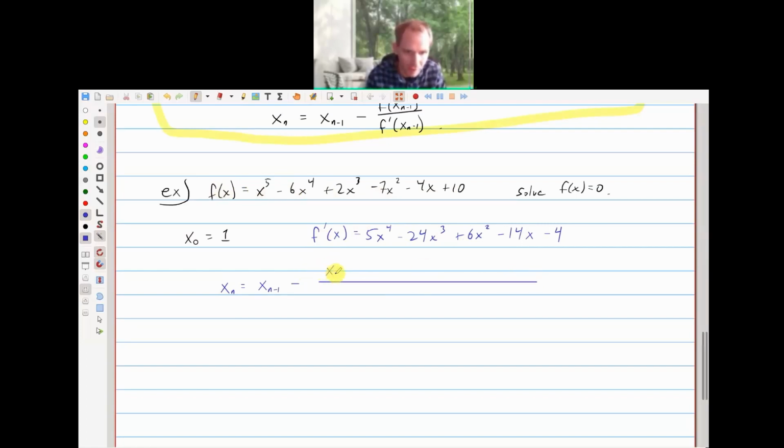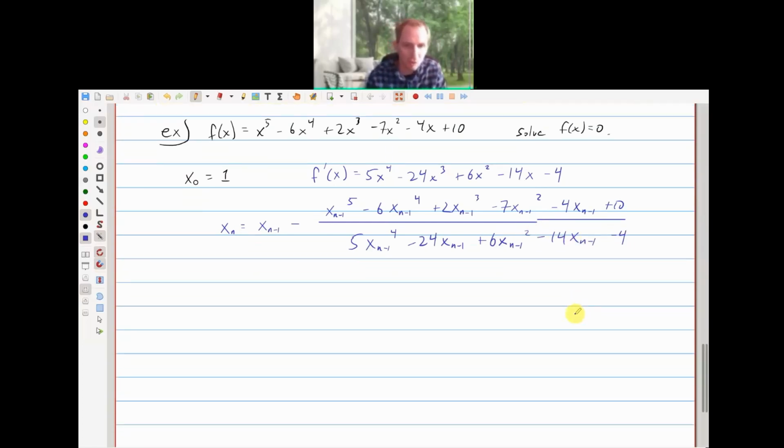So I'm going to have x(n-1) to the fifth minus 6x(n-1) to the fourth plus 2x(n-1) cubed minus 7x(n-1) squared minus 4x(n-1) plus 10. And then divided by the same thing except with f prime.